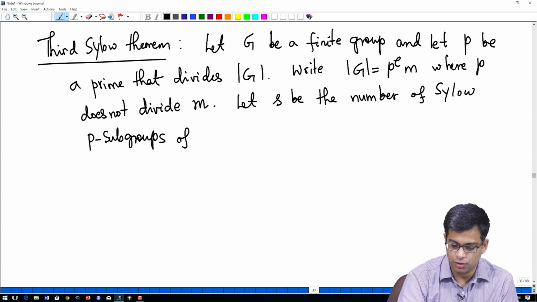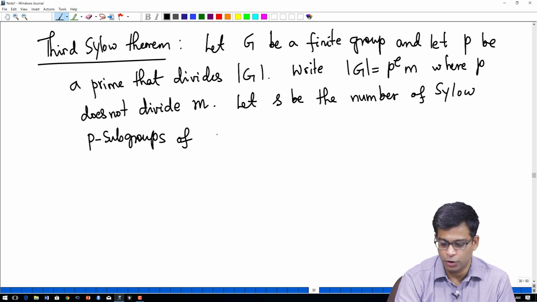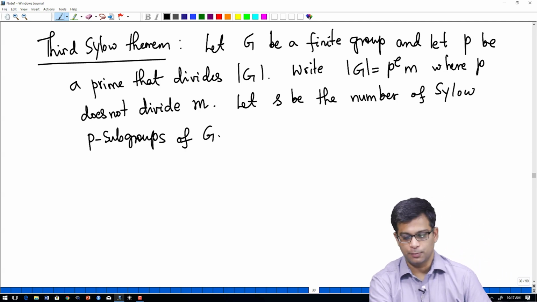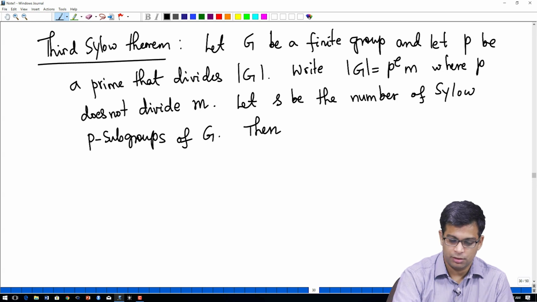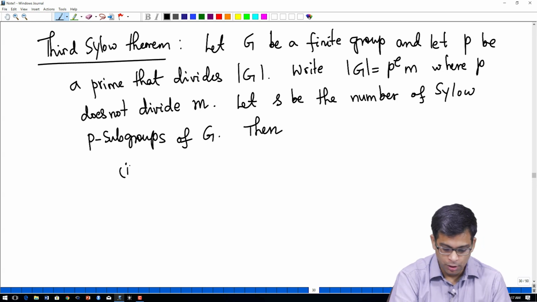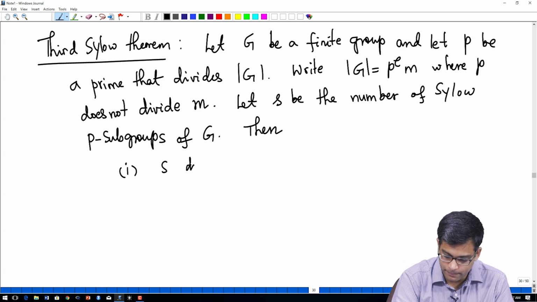So, as I said, the third Sylow theorem is a statement about the number of Sylow P subgroups. Let us call it s. Remember, s is at least 1 by the first Sylow theorem. Then the third Sylow theorem says two things: 1, s divides m.